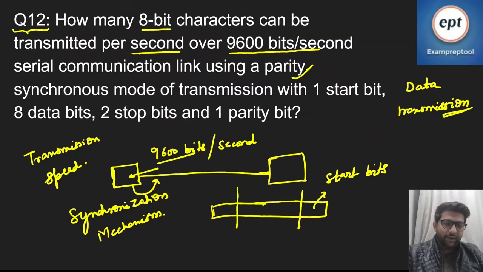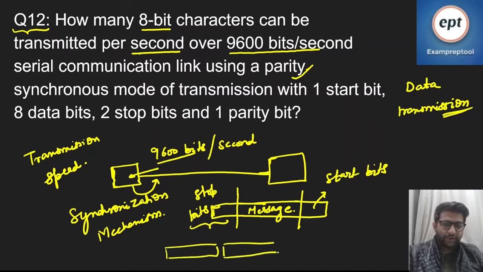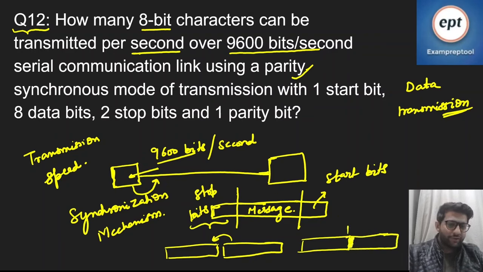After that, there will be the message or the character, and after that, there will be stop bits. Why stop bits? Because if we transmit two different messages one after another, the receiving interface should be able to distinguish between them, and know that this message ended here and the second message has started.